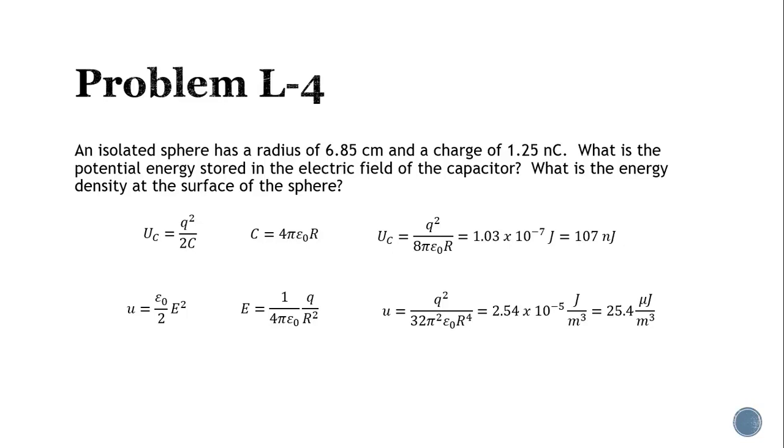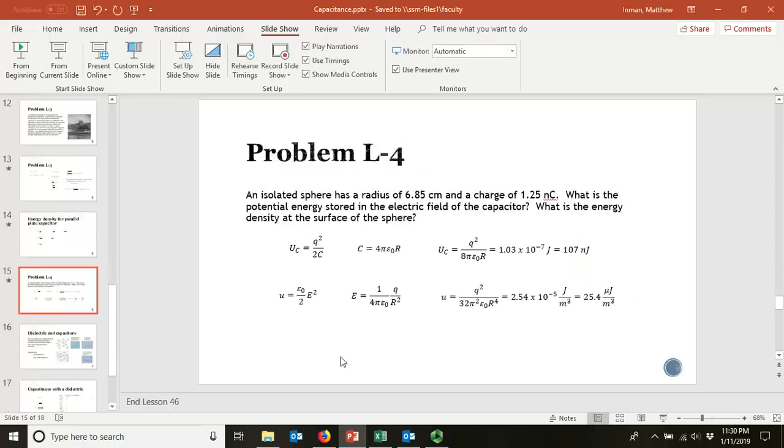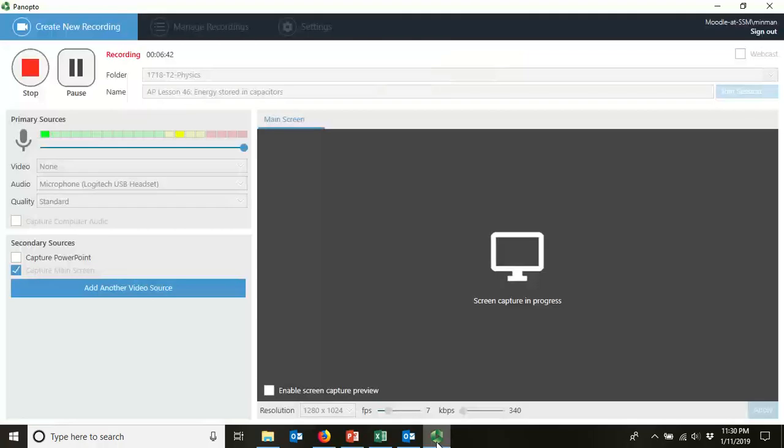If I plug that electric field into this formula here, we end up with this expression for the energy density, which looks like a pretty small amount of energy, but remember, even small amounts of energy can do quite a bit of damage when we talk about electric fields. So this is a quick overview of energy stored in capacitors and how we could use that information to solve some problems.